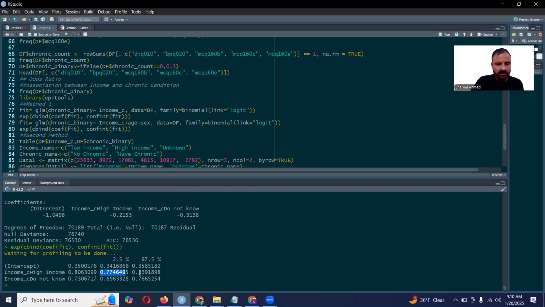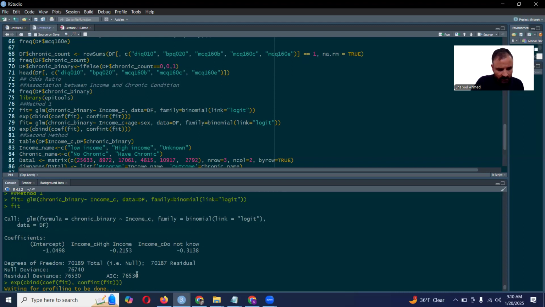And these are the confidence intervals, and you can find the p-value as well. Basically, the p-value is the p-value we already obtained here, corresponding to this value.